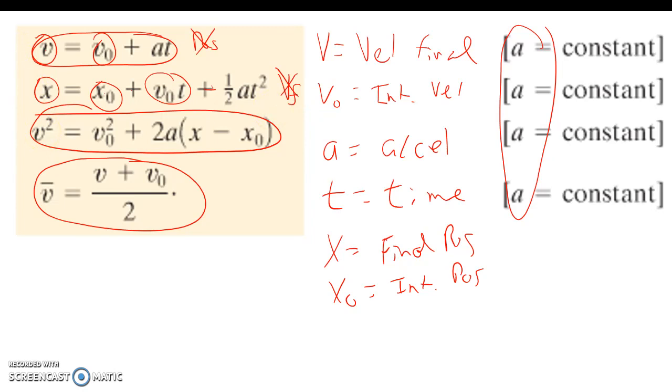This equation's best when we don't know time. Okay? This one doesn't have position, nor does it even talk about acceleration. This is how to find an average velocity. Okay? This is rarely used.